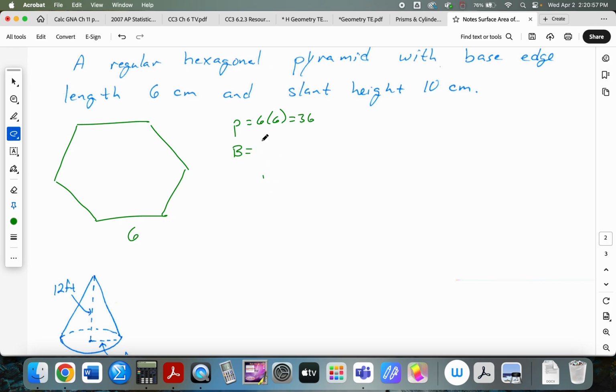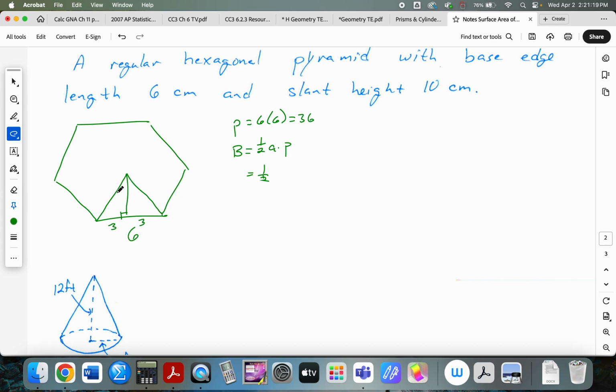To find the area of the base, I have to use 1/2 apothem times perimeter. So just like we did a couple of times off of last night's homework, it's going to split this in half. Each of those will be 3.